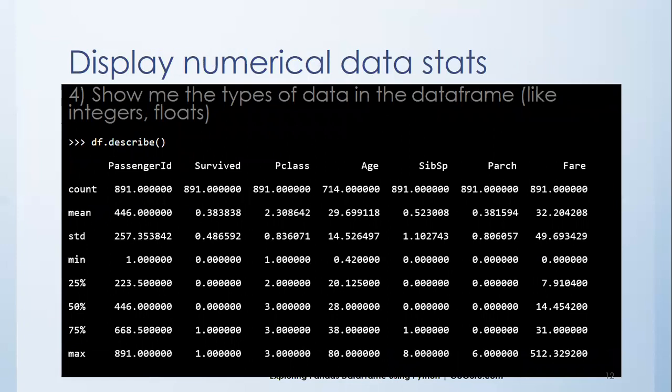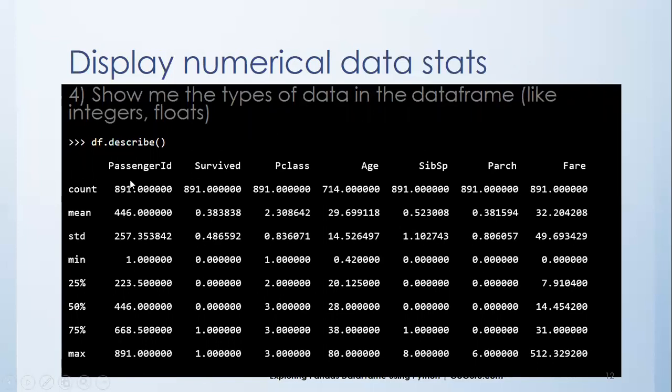The fourth one says, show me the types of data in the data frame, like integers and floats. If you want to quickly look at the structure of the data, all you have to do is df.describe. What describe does is it takes all the integer and float columns and gives you a lot of stats on the data.